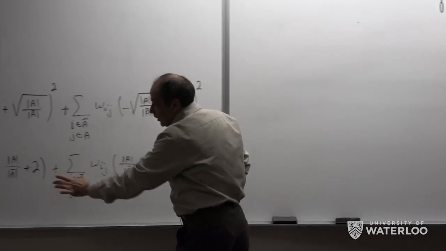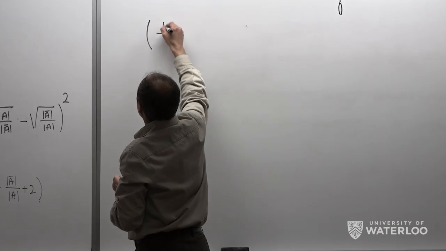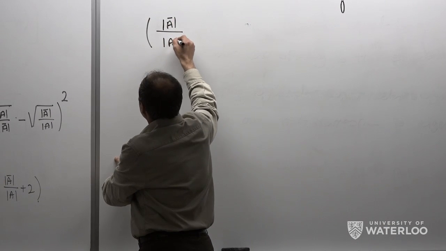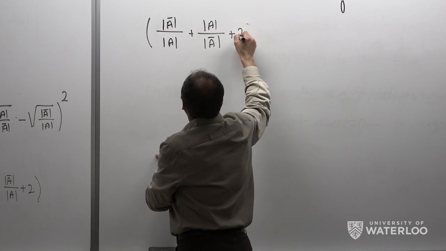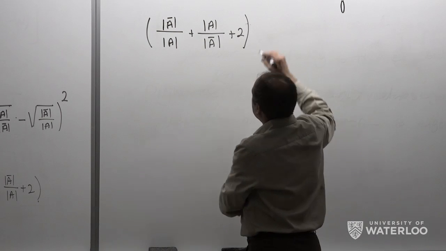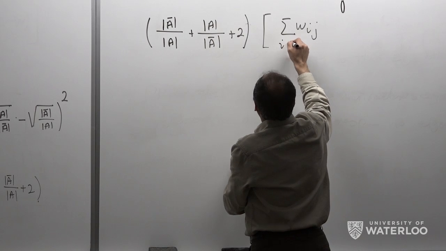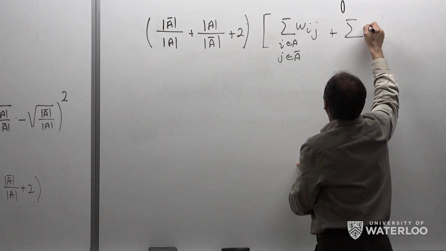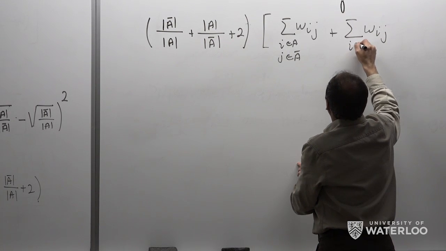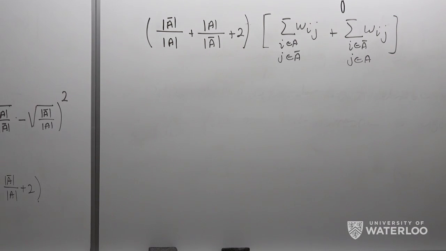Okay, so I can take these out and factor it. Basically, I'm going to have A bar over A plus A over A bar plus 2 times the summation of w_ij when i comes from A, j comes from A bar, plus the summation of w_ij when i comes from A bar, j comes from A. Right?